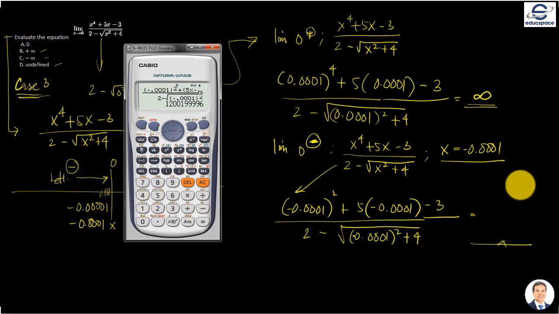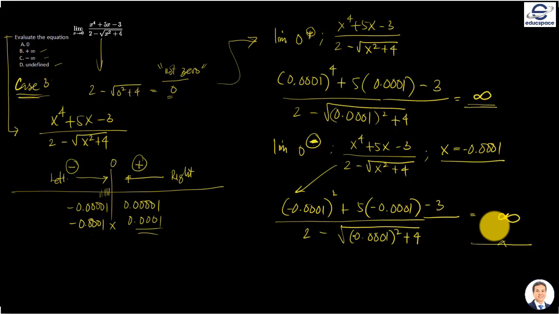Same huge amount of number, so we have positive infinity here. Since the limits approaching from the left and from the right are equal, both giving us positive infinity, the answer must be letter B.